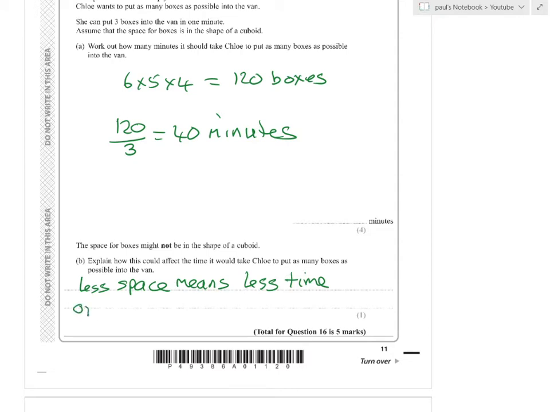Or more time if she has to rearrange boxes. Yeah, it could be there forever.